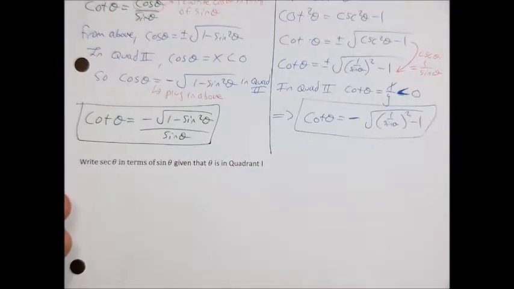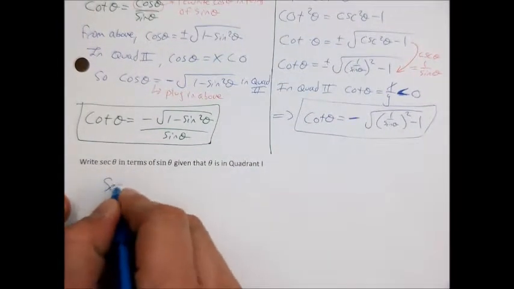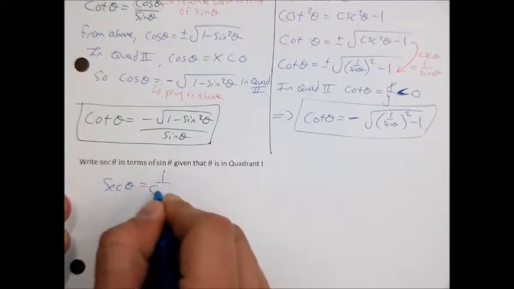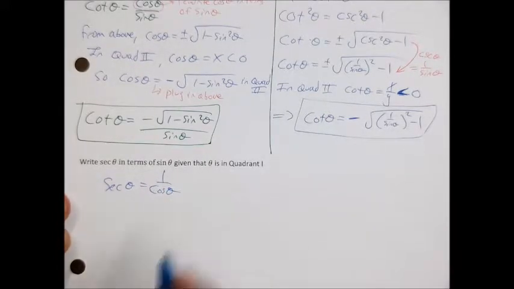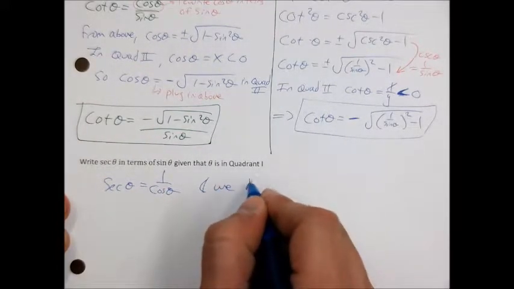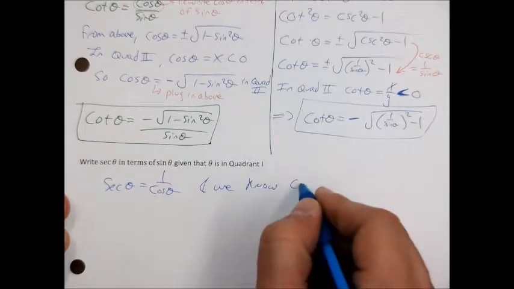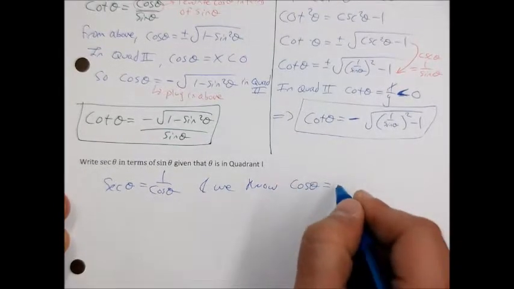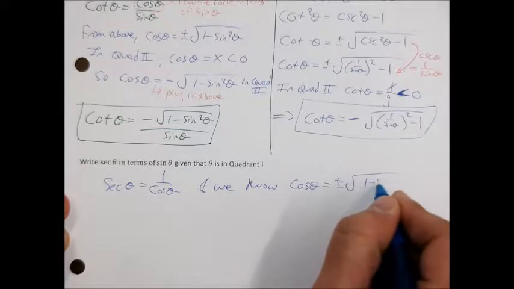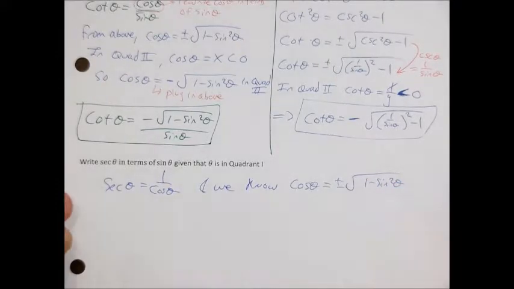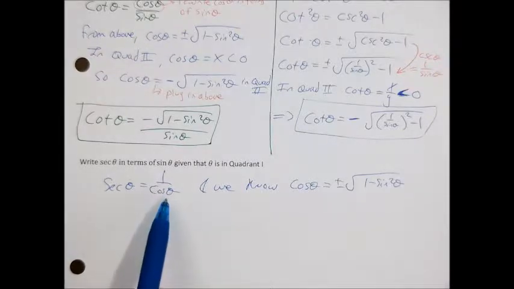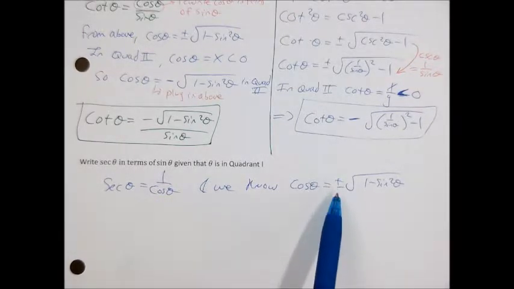What that would be then, we could start with secant equals 1 over cosine. And we know the Pythagorean identity that cosine is plus or minus the square root of 1 minus sine squared. So we can make that substitution directly into the cosine, and then we'll be done. But we should just pick plus or minus first.